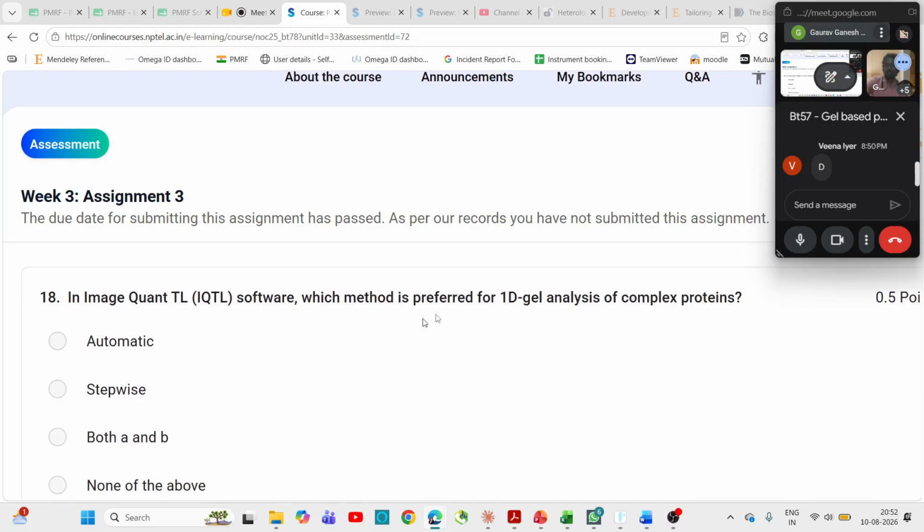Which method is preferred for 1D gel analysis of complex proteins?